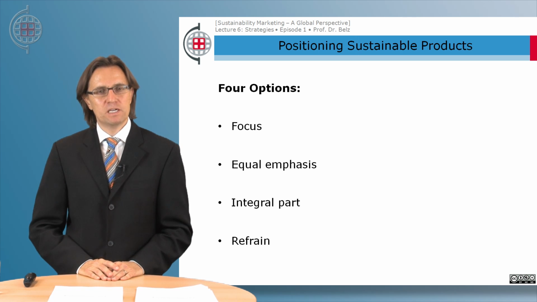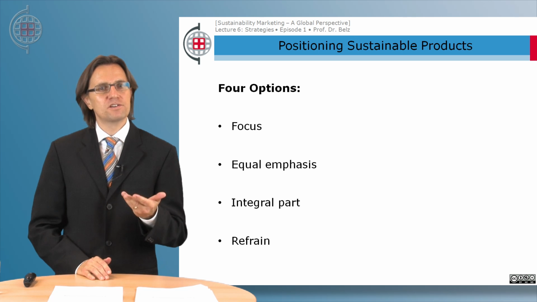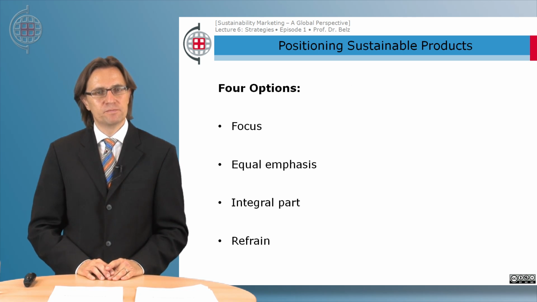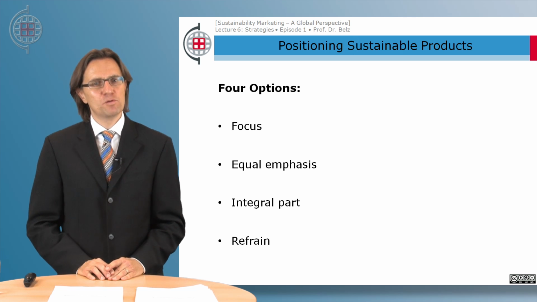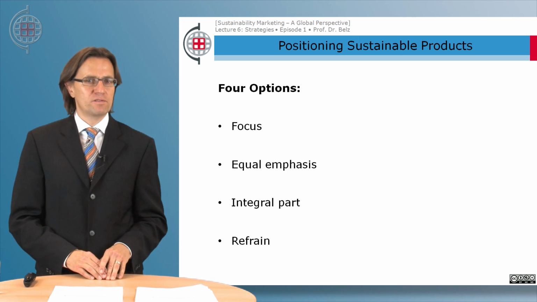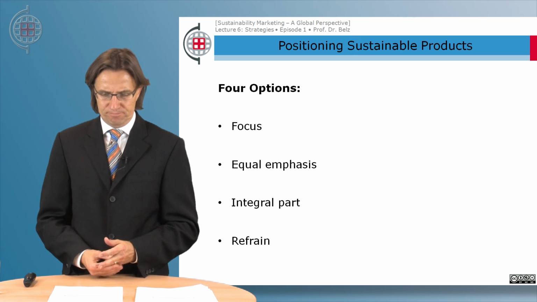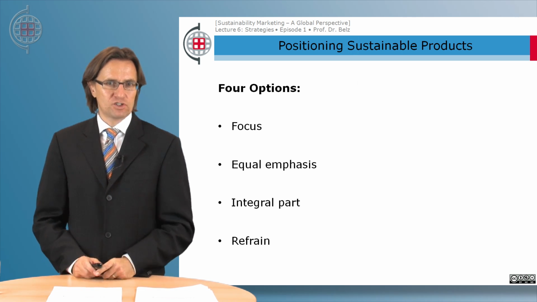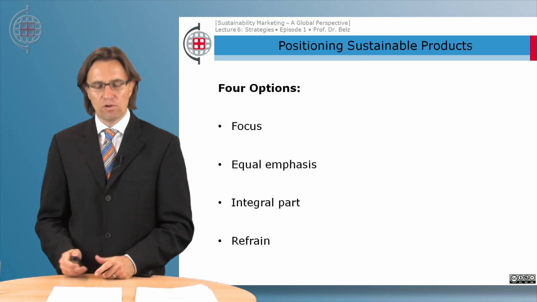The third one would be to consider social and ecological attributes as an integral part of performance and quality. And the fourth one would be to refrain from it altogether, to not communicate social and ecological issues at all.